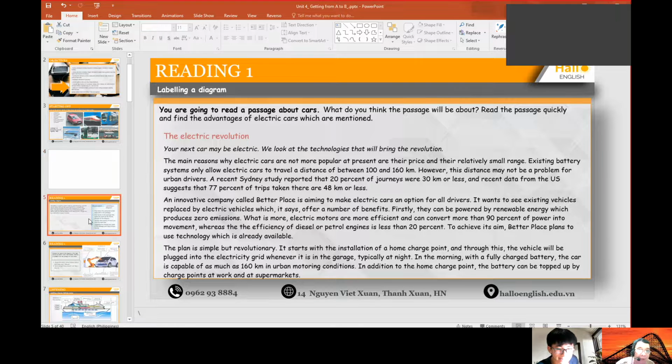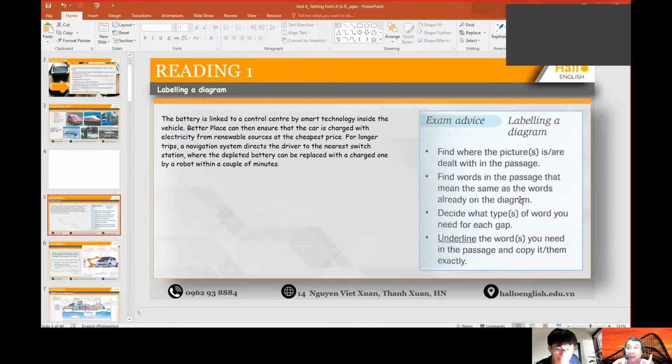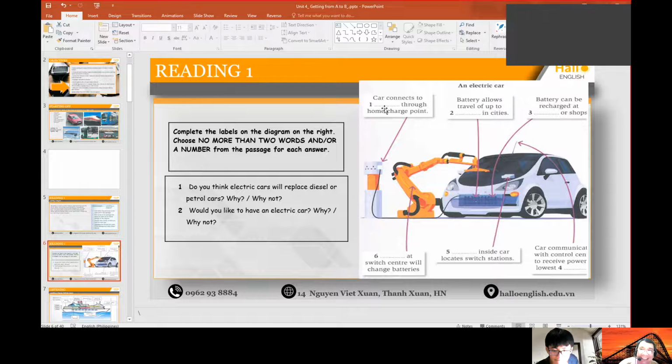Okay. So we found that one. So that's good. The next one. Decide what type of word you need for the gaps. Yes, so decide what type or types of word you need for each gap, just like in the example in here, right? So this one is labeling a diagram.